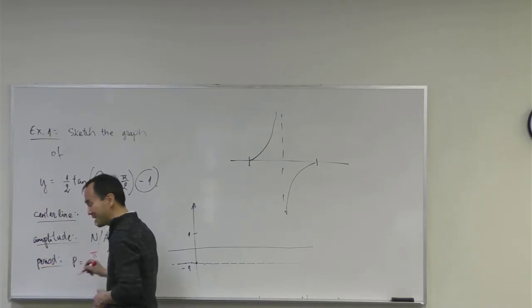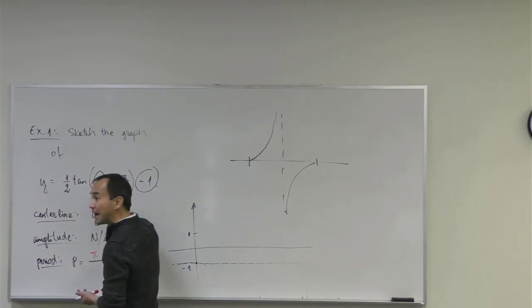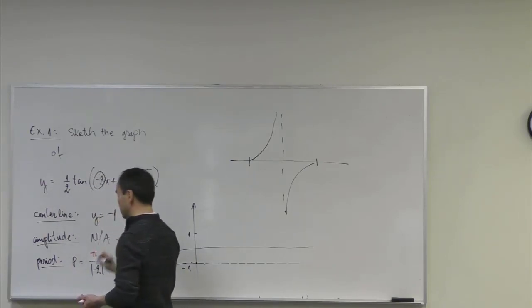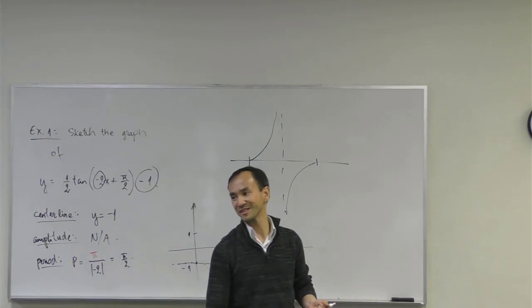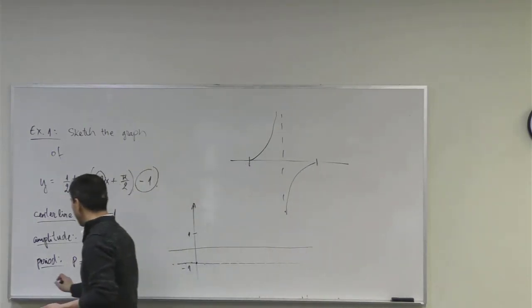You guys follow? Same rule, we divide the standard period by the absolute value of that coefficient. So it turns out the period for this function is only a pi over 2 window. Sounds good?